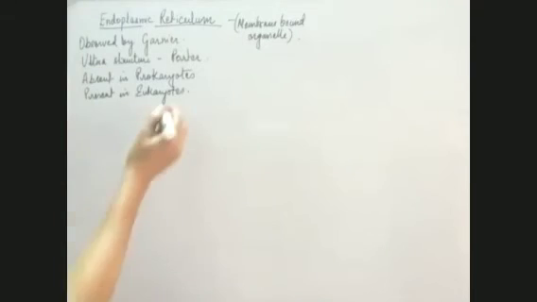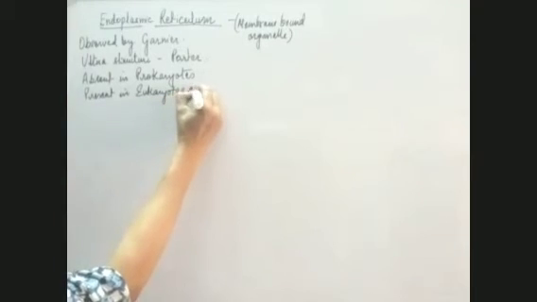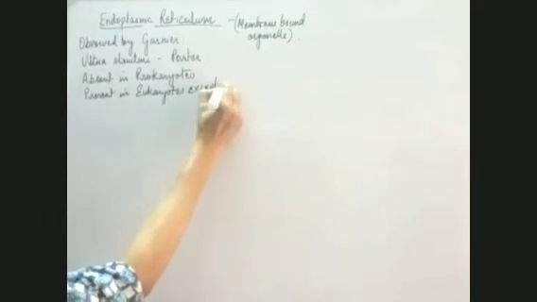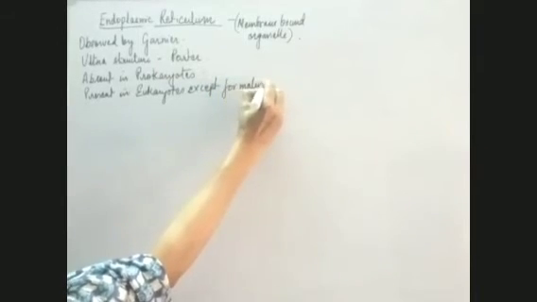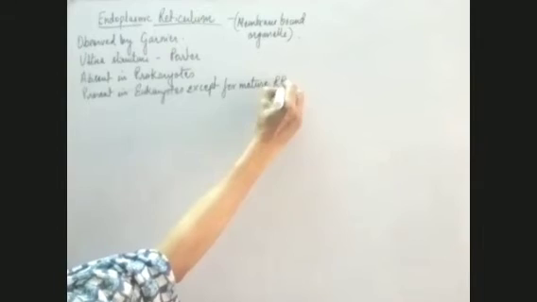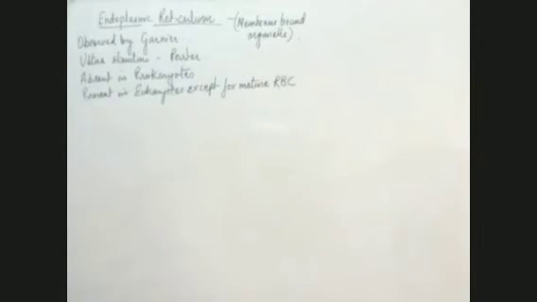No, except for mature red blood cells. The mature red blood cells do not have any organelles. So this organelle also is absent in mature RBCs. Otherwise, it is present in all the eukaryotic cells.